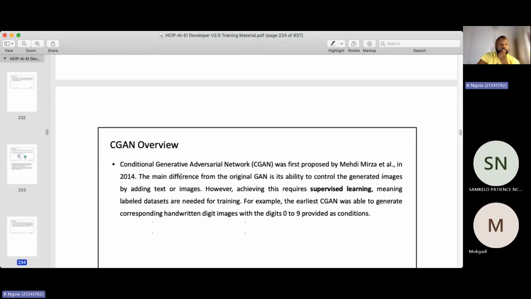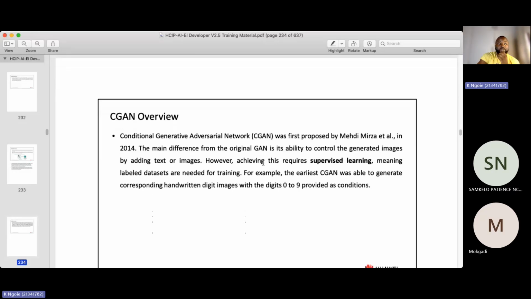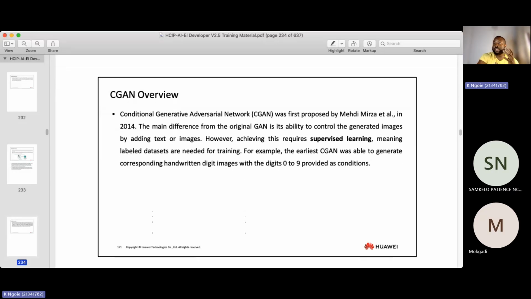All right. So another architecture can be the CGAN, the conditional generative adversarial network. The CGAN is just an extension of the GAN that allows control or guided image generation by providing extra information, conditions, to both the generator and the discriminator.